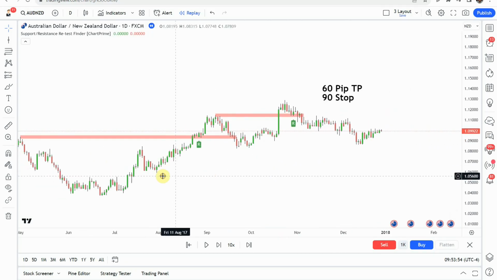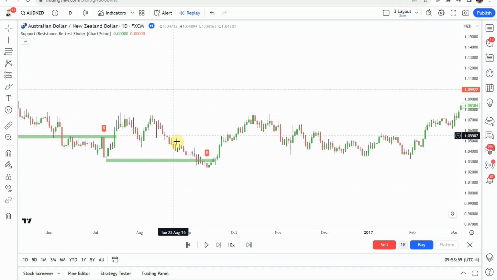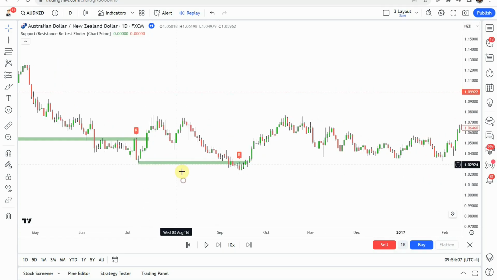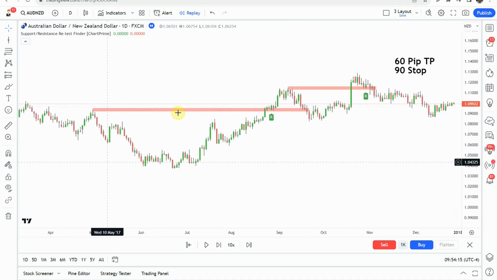And so obviously on the other side here, we get a break through an area of support to the downside here. And so green is going to be our support areas, and red is going to be our resistance areas.